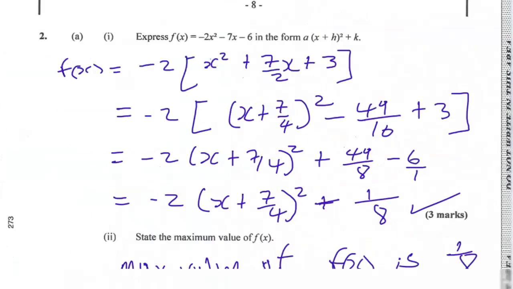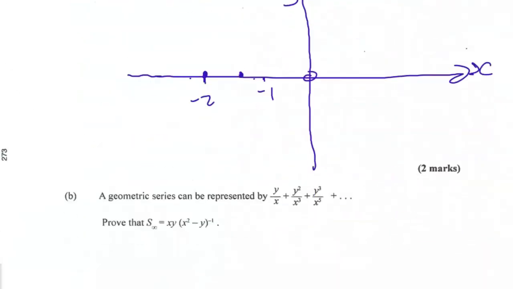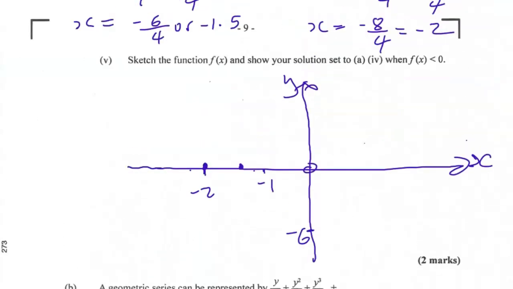So this graph will cut the y-axis at minus 6, somewhere about there. And the turning point was minus 7 over 4, which is somewhere there, and positive 1/8 was the maximum.